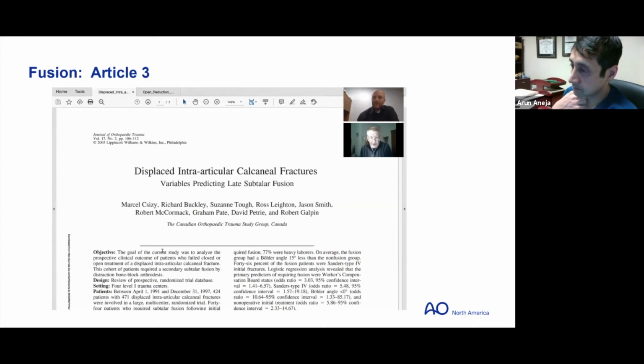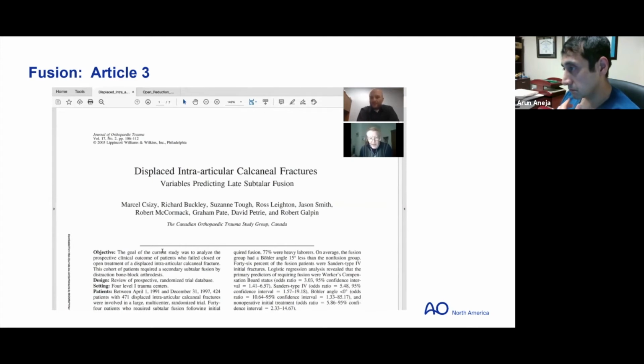And what we found was there were certain patient characteristics: males who did heavy labor jobs. Those were two crucial things, because when they had a bad heel fracture, especially the higher grade Sanders 3s and 4s, they had a much higher subtalar fusion rate.